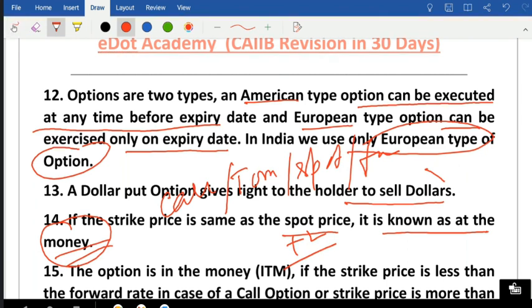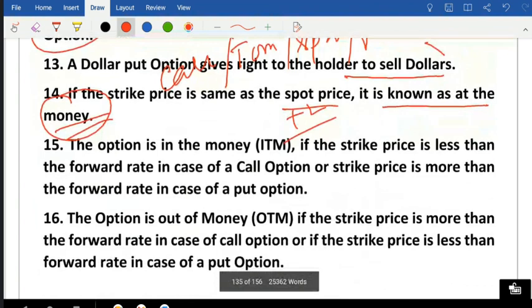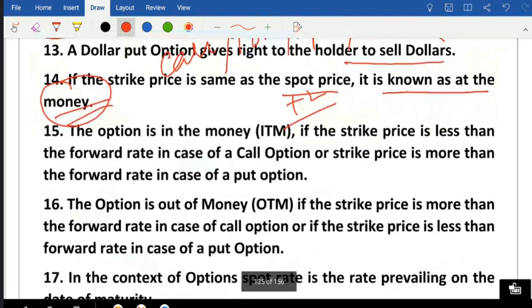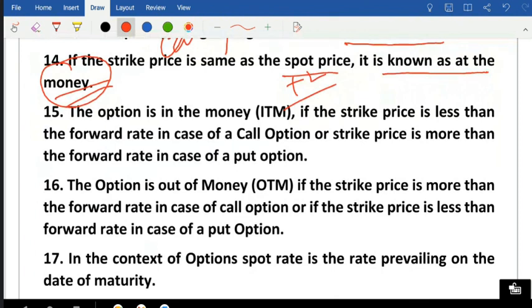Next, option is in the money, that means ITM. If the strike price is less than the forward rate, this is very, very important. ITM is when strike price is less than the forward rate in case of call option, or strike price is more than the forward rate in put option.